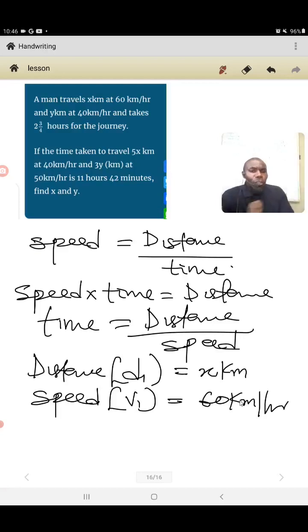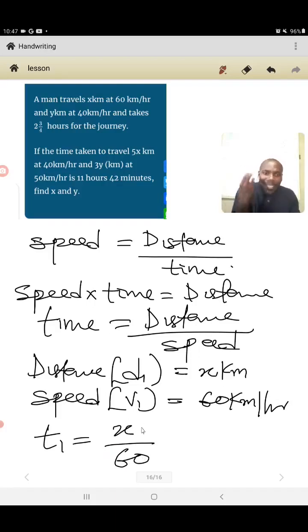According to our formula, T1 is distance over speed, which gives you x over 60. So this gives the first time, the time at which the man travels x kilometers. Let's proceed to find T2.